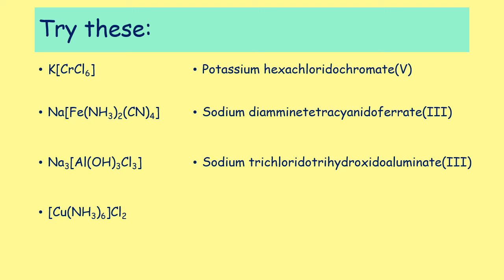The next one, well, there's 3 sodiums. Sodium is positively charged, so the complex is negatively charged, and it must be -3 because we needed 3 sodiums. So we know that we're going to write the sodium first, and then we're going to write the complex. The complex has 2 types of ligand. It's got hydroxide and chloride. Alphabetically, chlorido comes before hydroxido. There's 3 of each type of ligand. So it's sodium trichlorido trihydroxido.